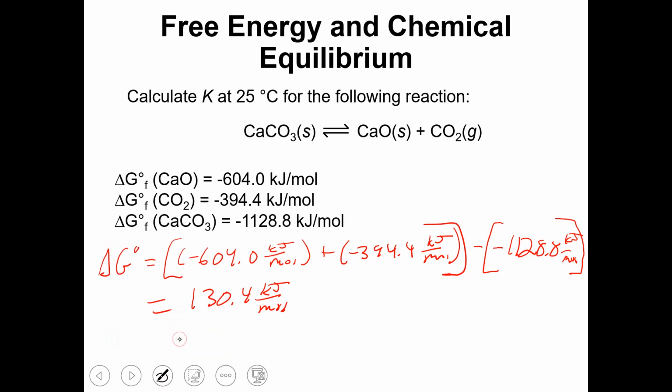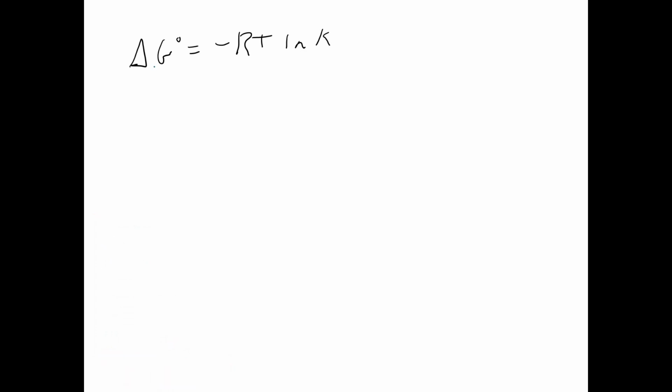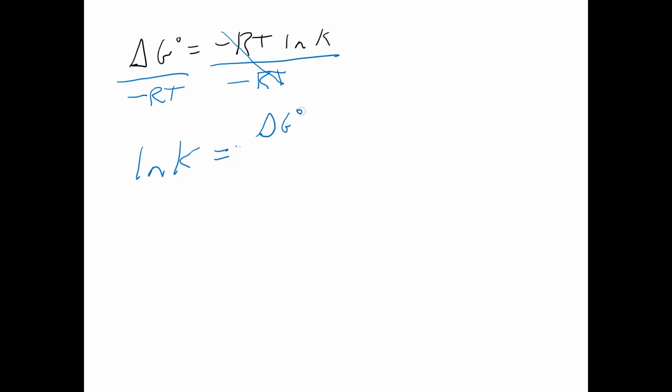So then we can plug that into our equation. We have delta G naught is equal to negative RT ln of K. We just calculated delta G, so I'm going to rearrange this equation and get the ln of K by itself.